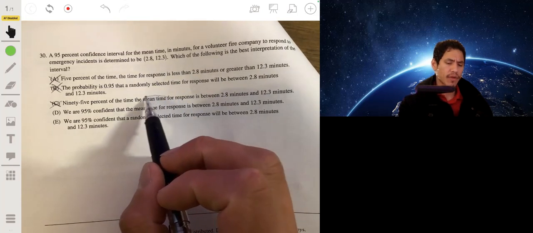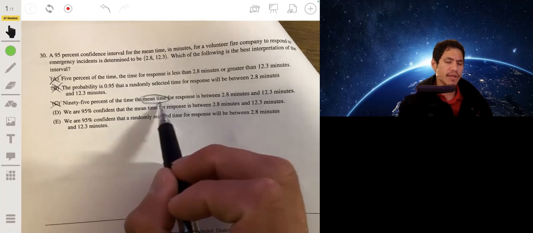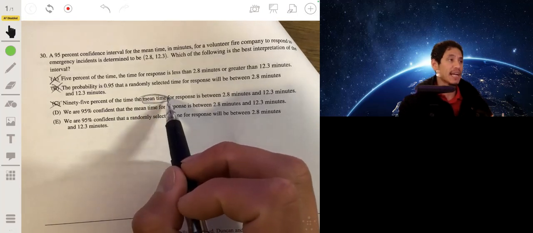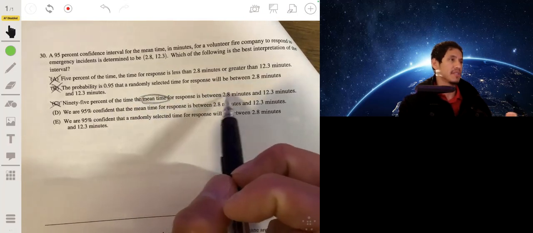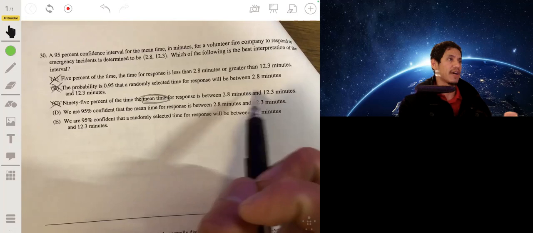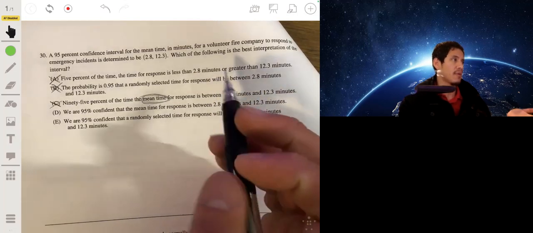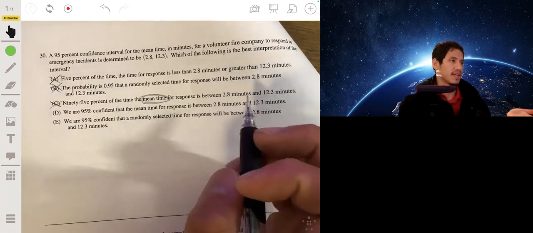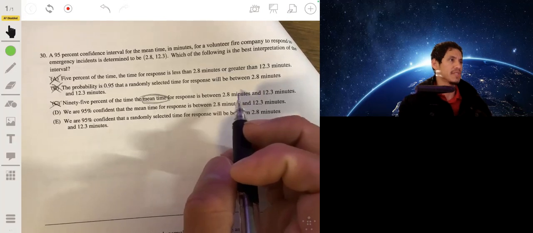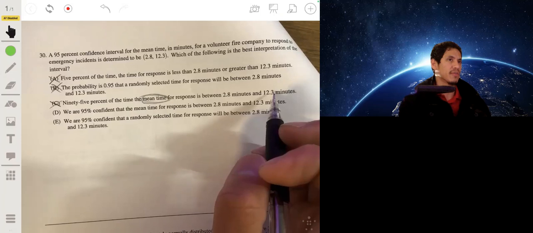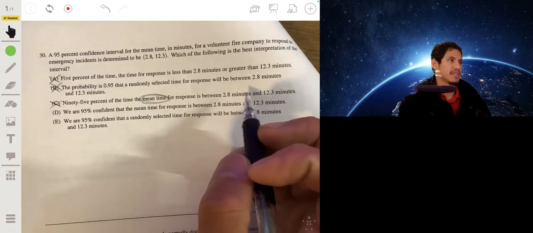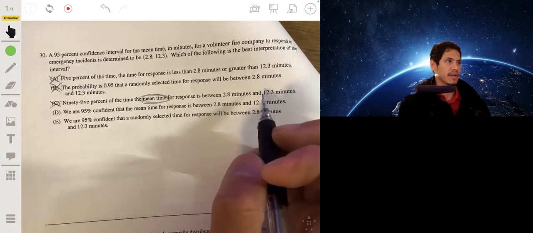There is an actual mean time. It's not like the mean is going to be sometimes in these values. There is a mean, and it's always going to be the mean. If the mean was 10, it's not that sometimes it's going to be between these two values.